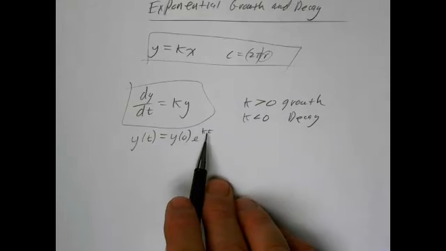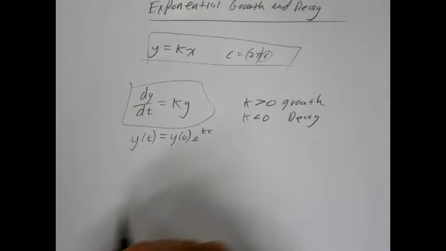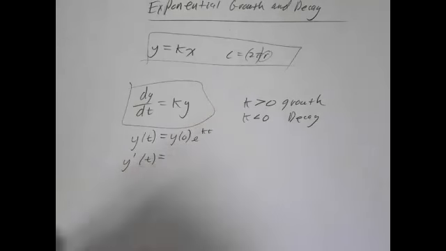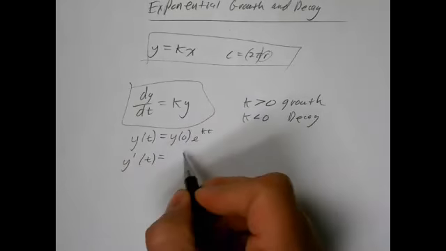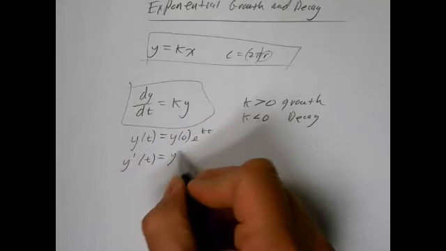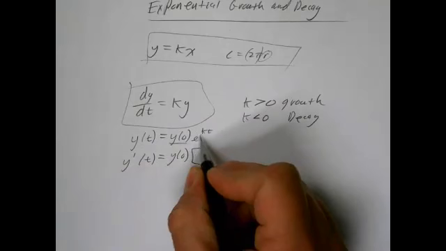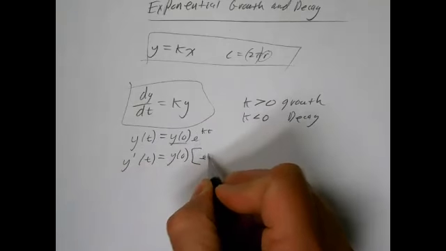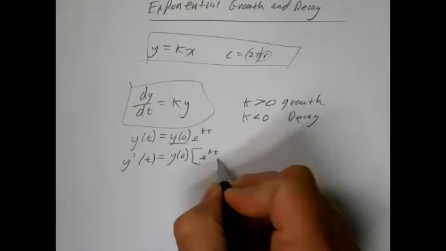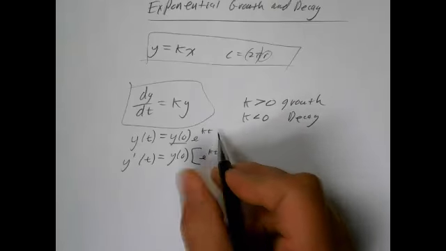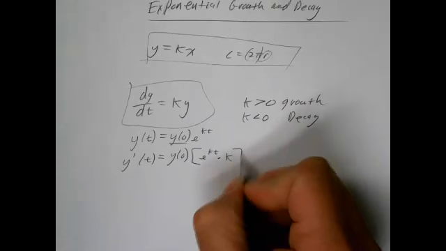Notice that if we take the derivative of this function, to observe one thing, we get y0. Again, this is a constant, so it just sits up front. The derivative of an exponential will be the exponential times, chain rule says, take the derivative of the exponent, and from that you get a k.